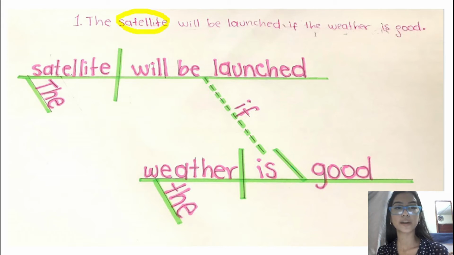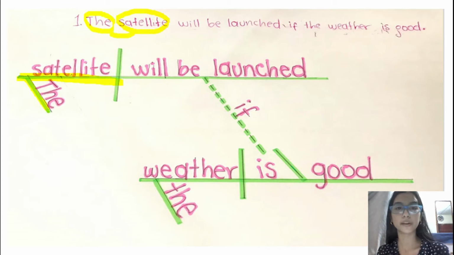We are going to write it here at the beginning on a horizontal line. Then the article that is modifying satellite will be written below the simple subject on a slanting line. Remember that when we are analyzing sentences, we write capital letters, yet we don't write punctuation marks.